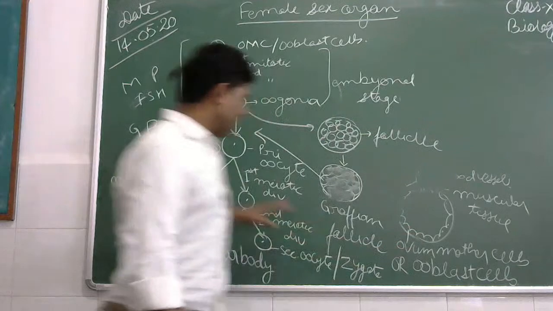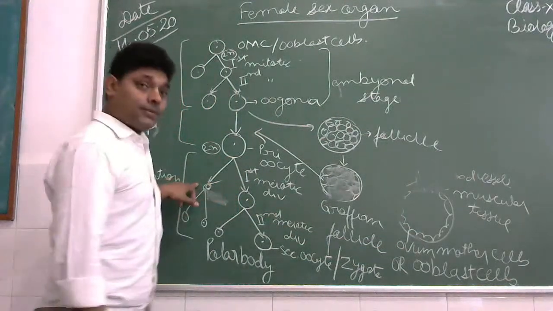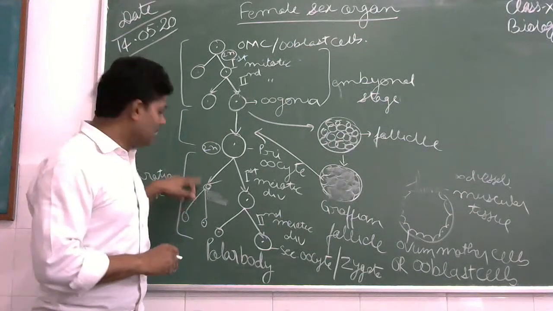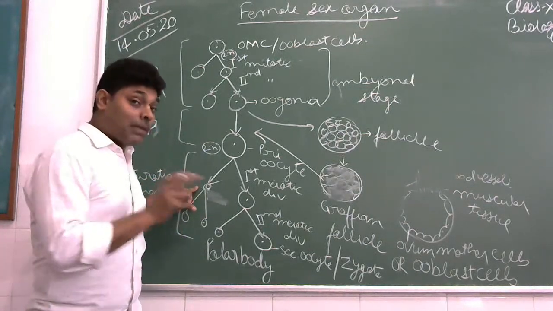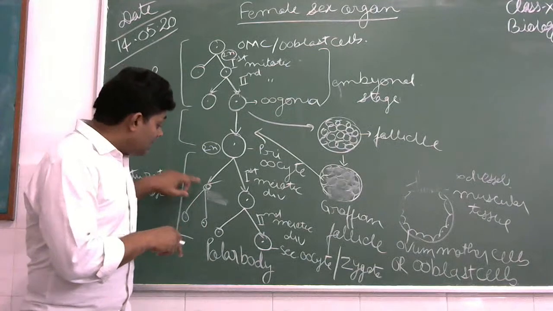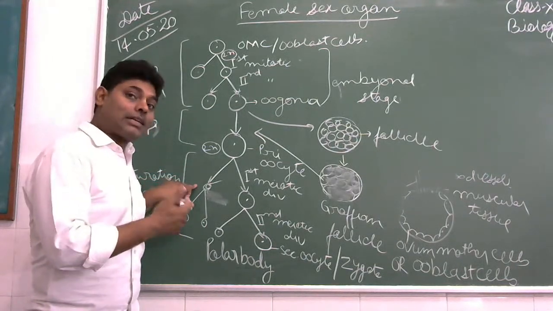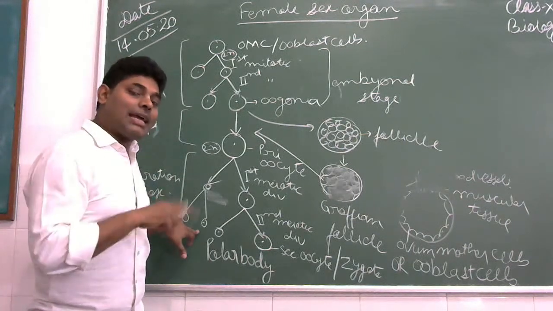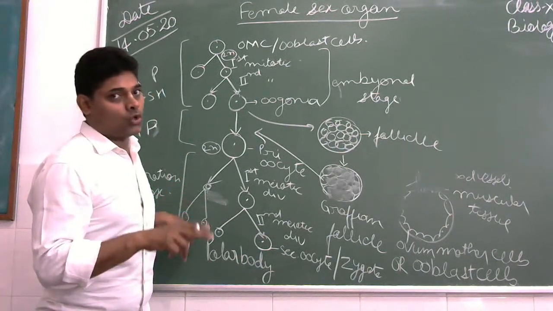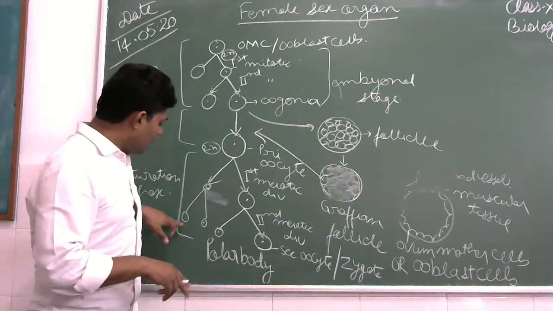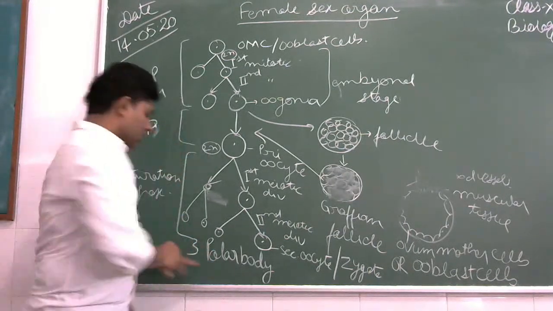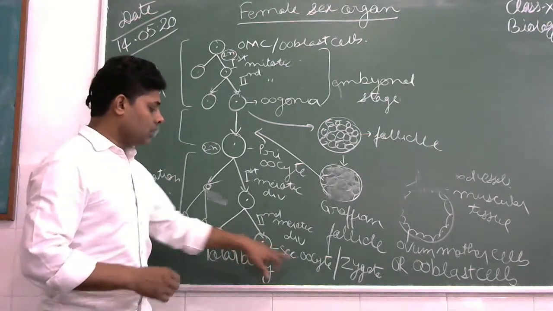So here the oocyte has facultative heterochromatin, meaning inactive heterochromatin. But when the cell division occurs, the polar body becomes active and divides, making two polar bodies, which again have facultative heterochromatin. So overall there are three polar bodies and one oocyte.